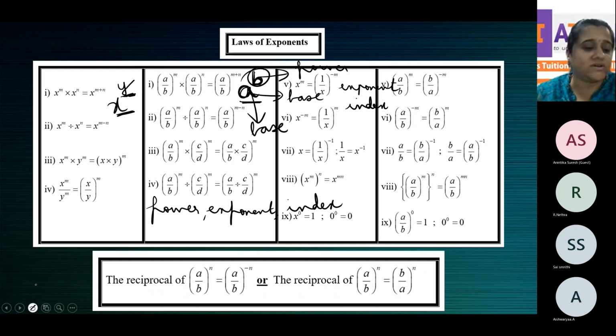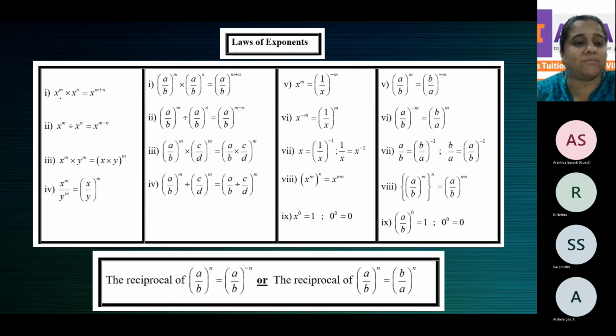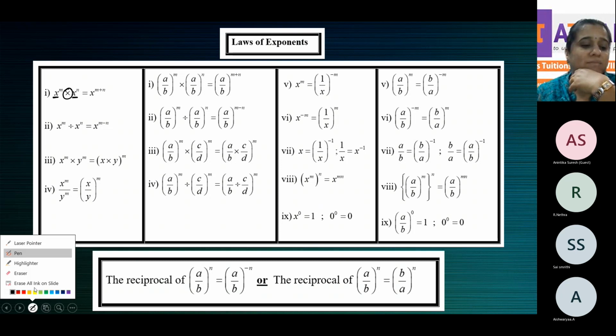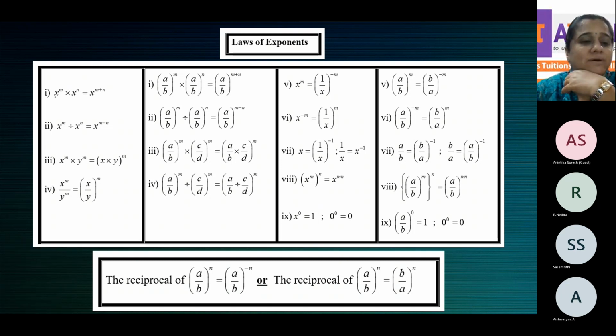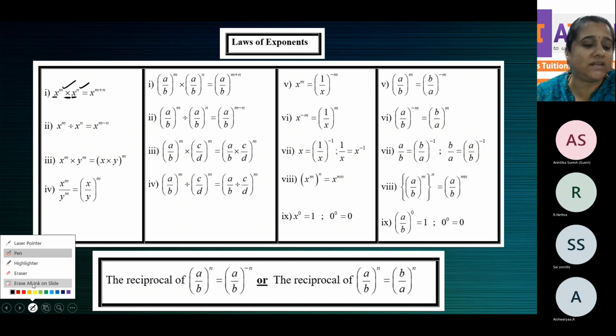Okay, so here the first rule says that when bases are same and it's multiplication, we add the powers. How do we say that the bases are same? Because you can see x here and x here. And what is the operation? Multiplication. What about the powers? They are different. So observe the different parts of the left-hand side.